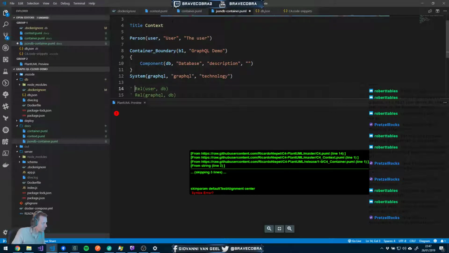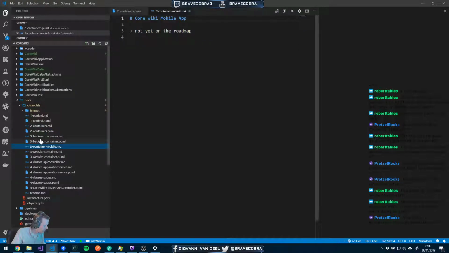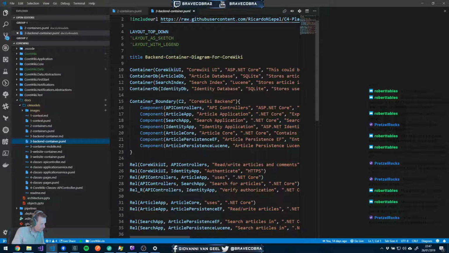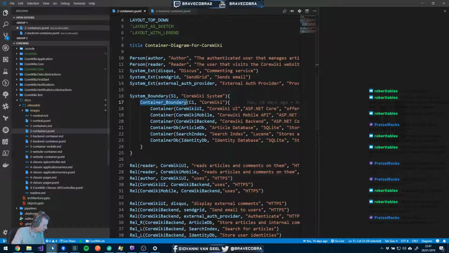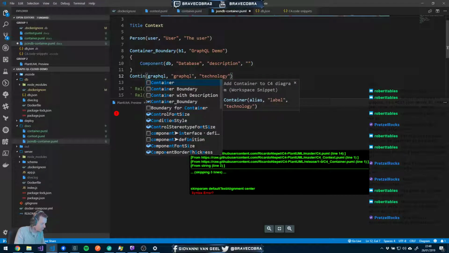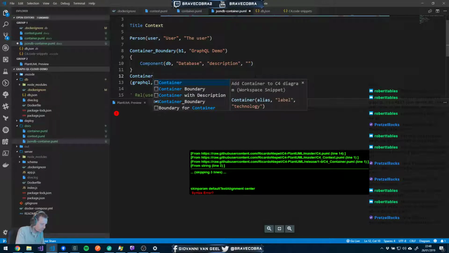Relationships out of the way. Let's have a look again at level 3, which is what we're doing now. Container boundary, components in there. Right, that's pretty much what we've got here. Container boundary, components in there. Two, three. Yeah, sure. All doing good.